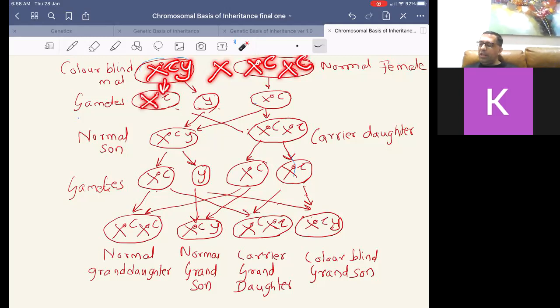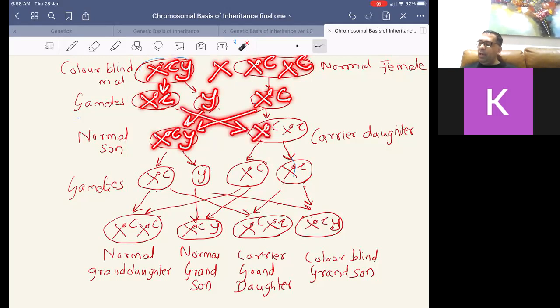X small c and Y, and X capital C. From that you get X capital C Y, X capital C and Y, and you have X capital C coming in from the mother, but X small c coming in from the father.